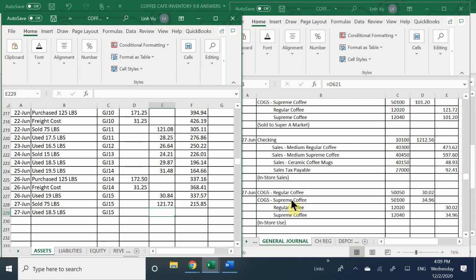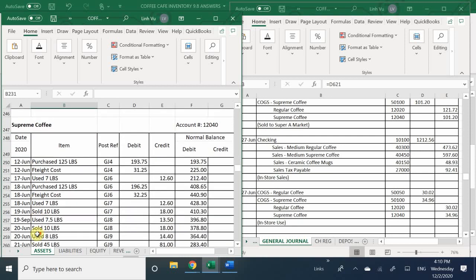And this is for the 30.02. Yeah, 30.02. Good. Our new total comes to 185.83. Good. And that's what we matched in our inventory worksheet.